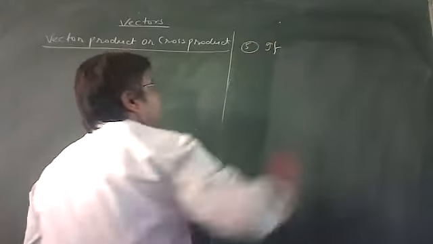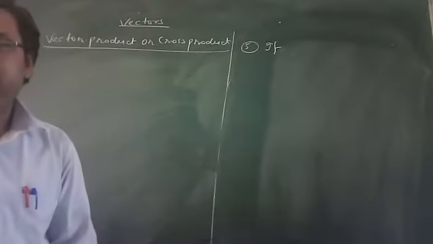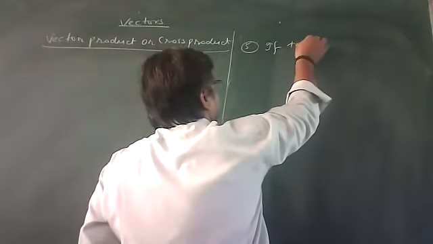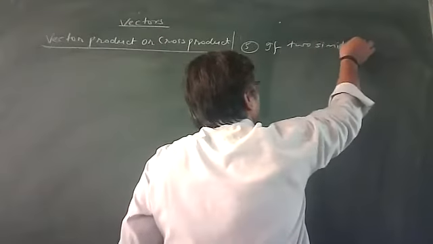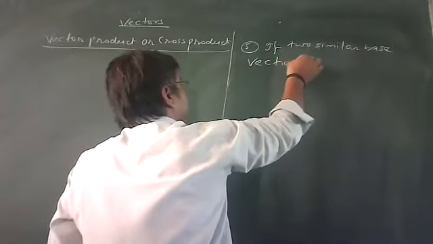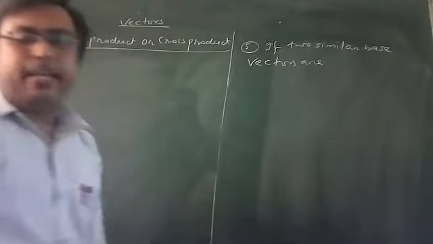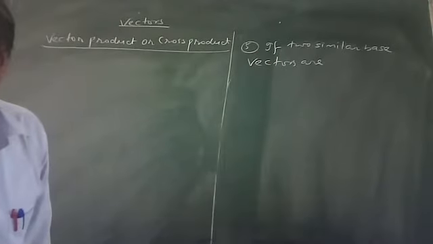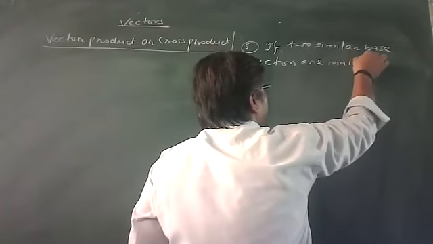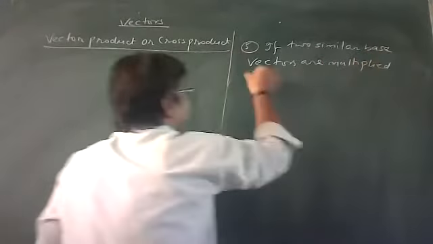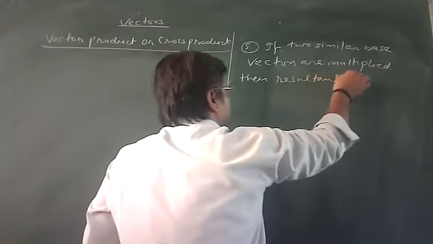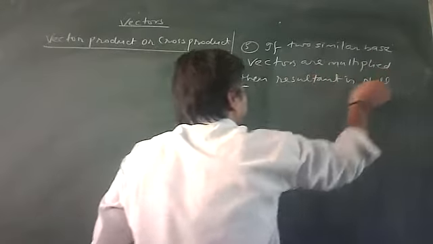If two similar base vectors are multiplied, then the resultant is a null vector.